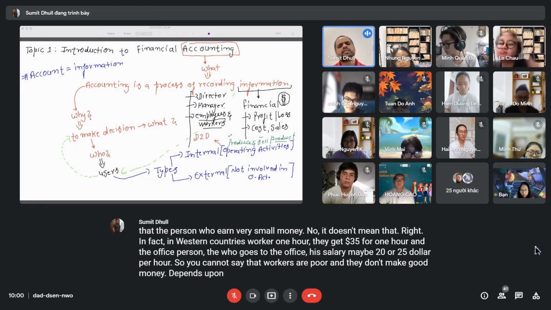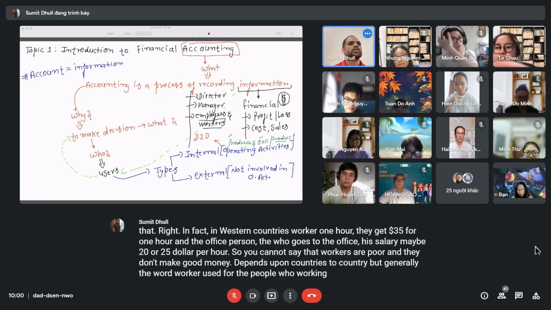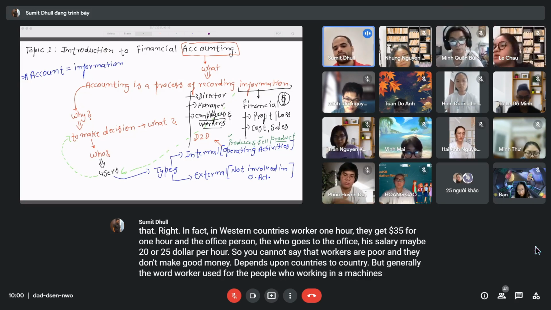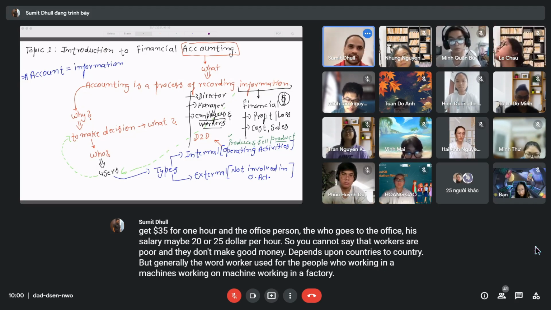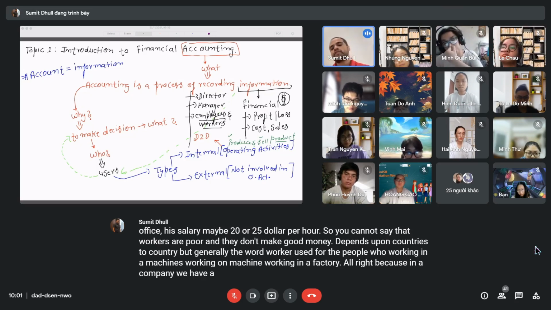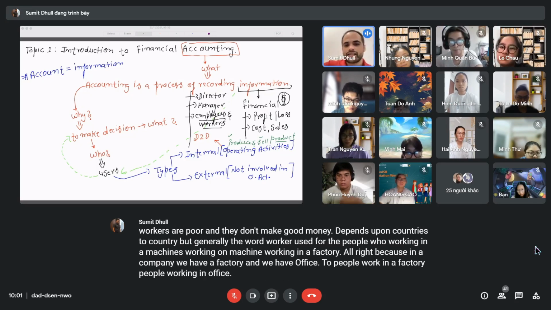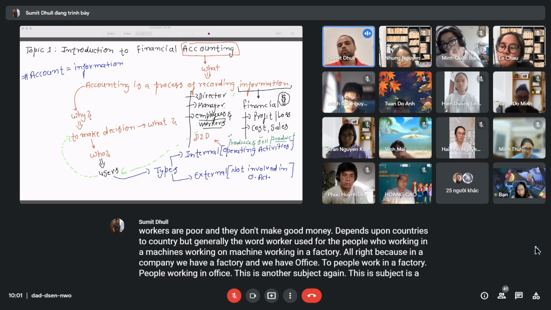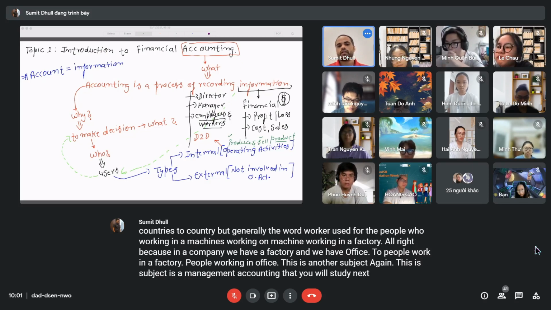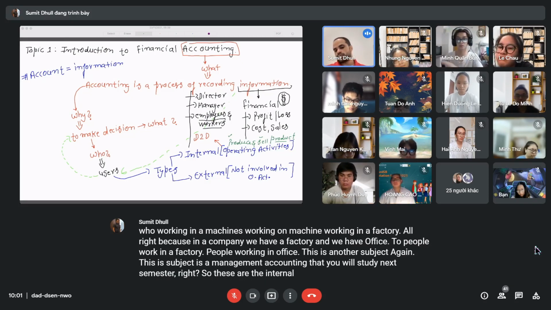But generally, the word worker is used for the people working on machines in a factory. In a company, we have a factory and we have an office. People work in a factory, people work in an office. This is another subject, management accounting, which you will study next semester, right? So these are the internal users. Does everybody understand internal users?